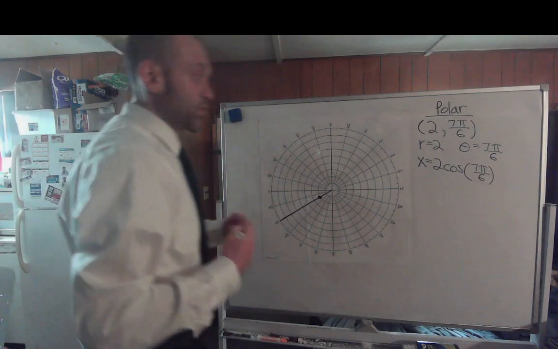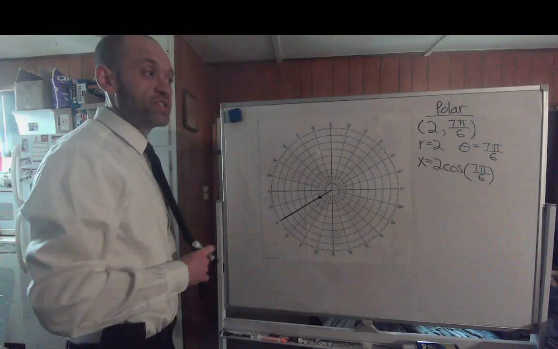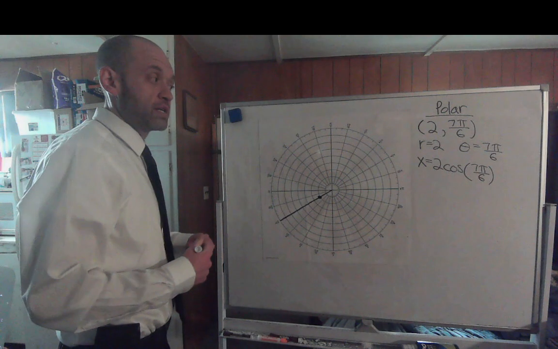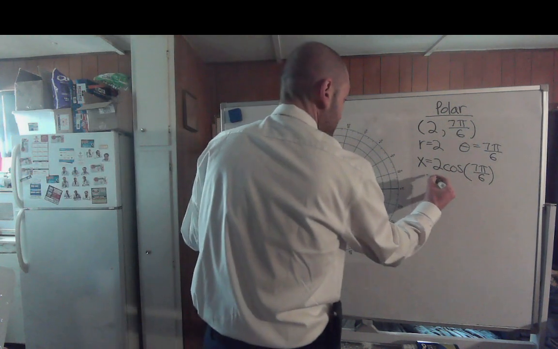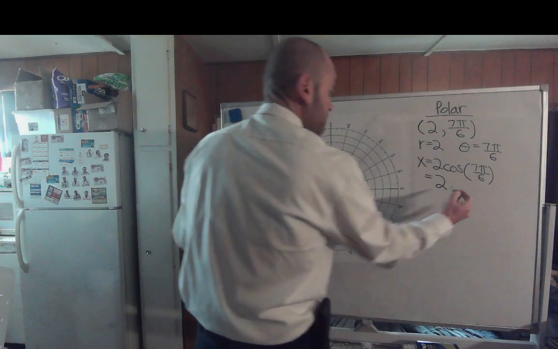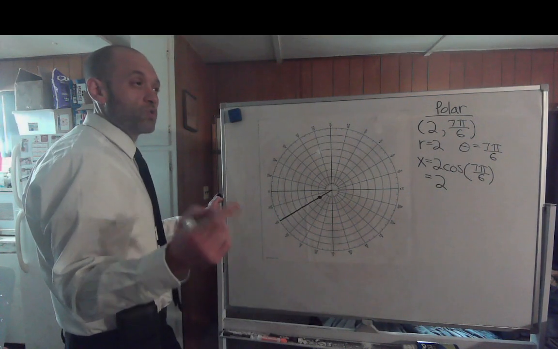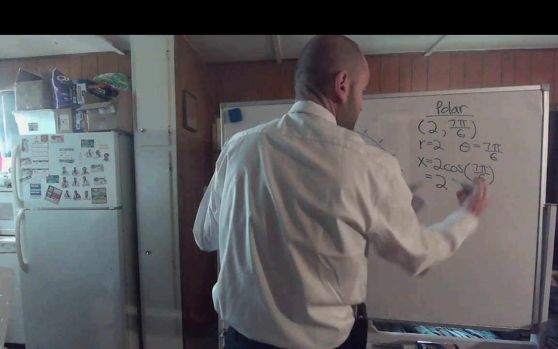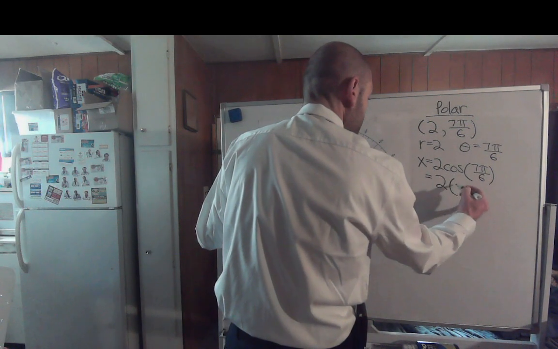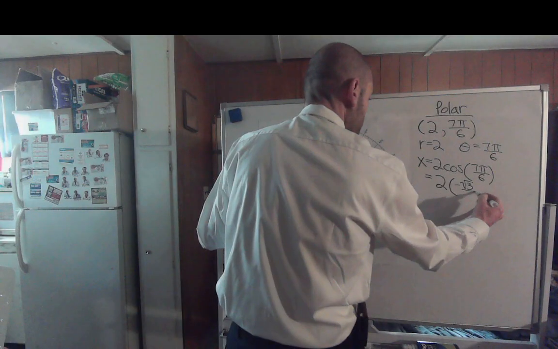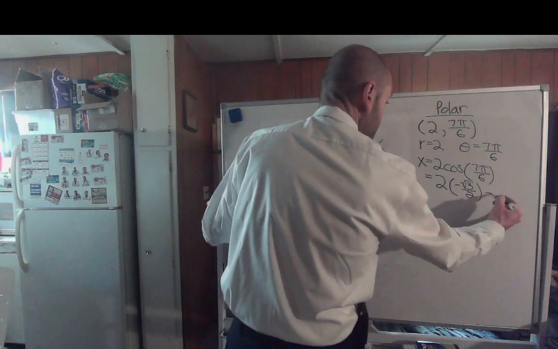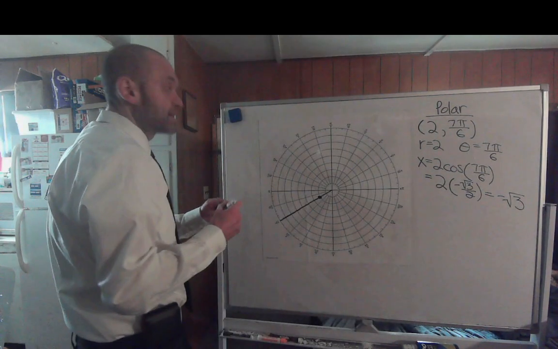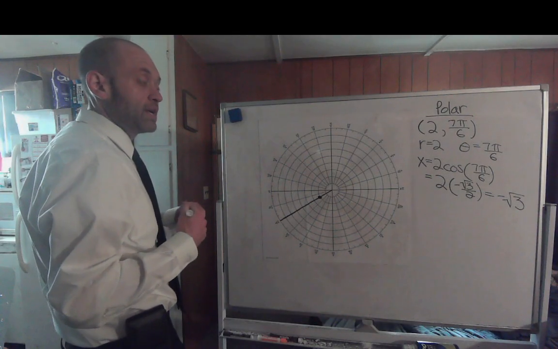Well, that's in the 3rd quadrant. 7π/6 is the same as a π/6 angle in the 3rd quadrant, so that would be a negative value I would get. The cosine of π/6 is normally square root of 3 over 2, but since it's in the 3rd quadrant, you would get 2 times negative square root of 3 over 2, or you would just get an x value of negative square root of 3.